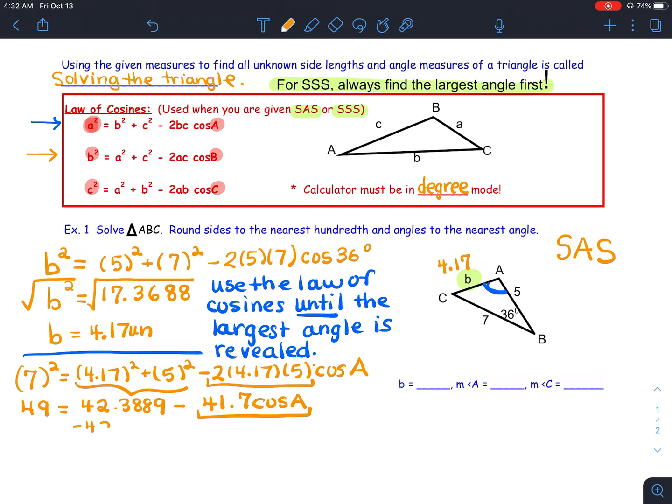We're going to subtract the 42.3889 from both sides here. So 49 minus that.